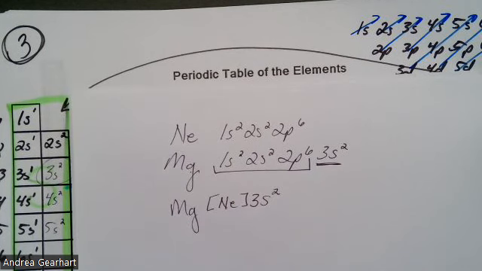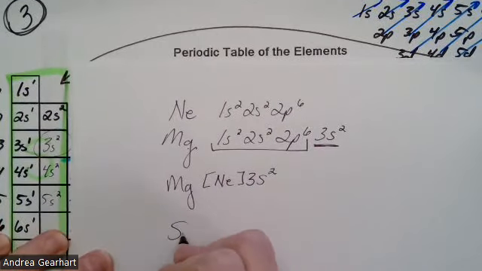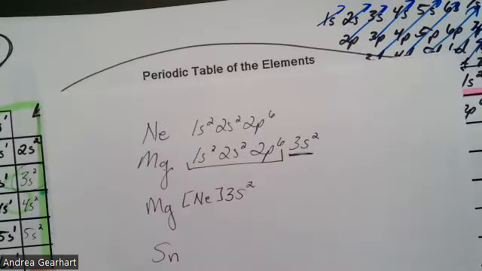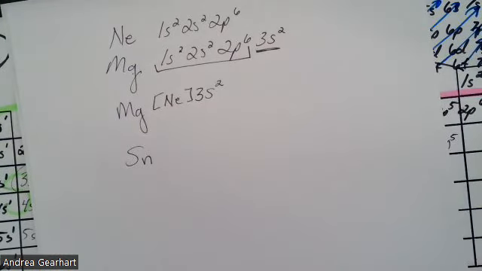How about tin? So tin, I go to the noble gas before it, krypton. Tin is 1, 2, 3, 4, fifth period, so I want to go to the fourth period noble gas.